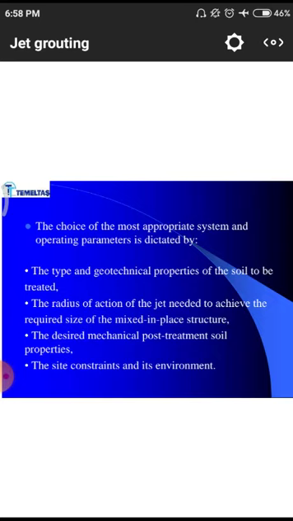Next is the radius of action of the jet needed to achieve the required size of the mixed-in-place structure.